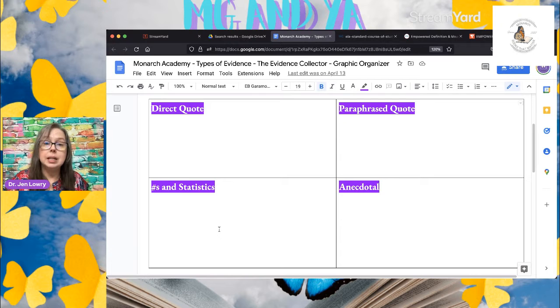And so when you're reading informational text, you will often find a statistic. It's important to note when you see that, and I would highlight that.